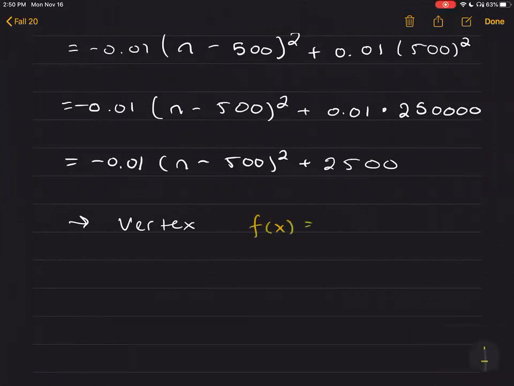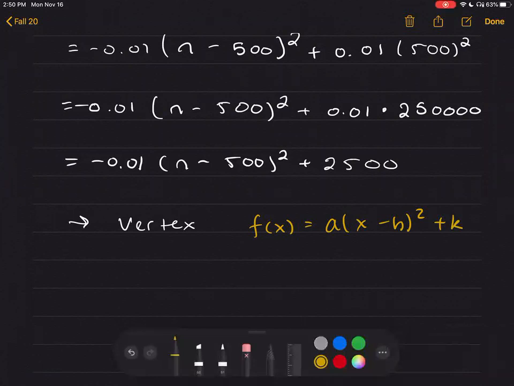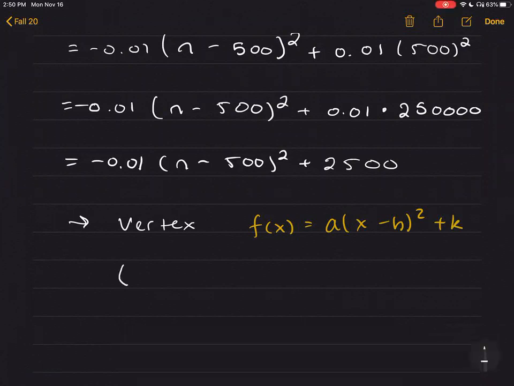It's going to be f of x equals a, and then it's x minus h squared plus k. It's a little tricky to remember where the plus is and where the minus is. But the vertex here will be 500, and then k is 2,500.